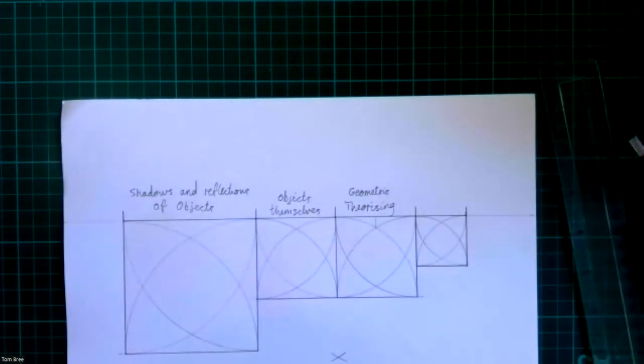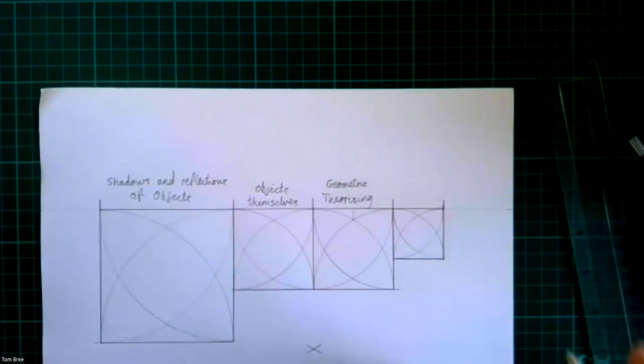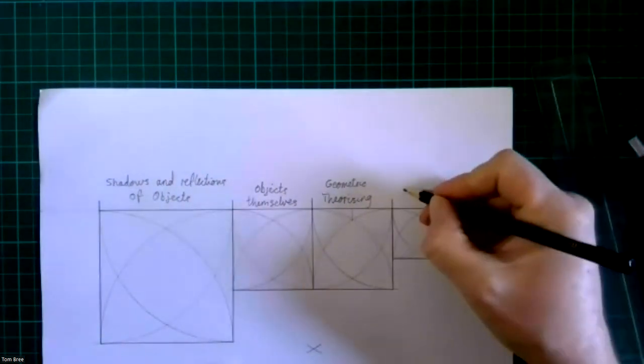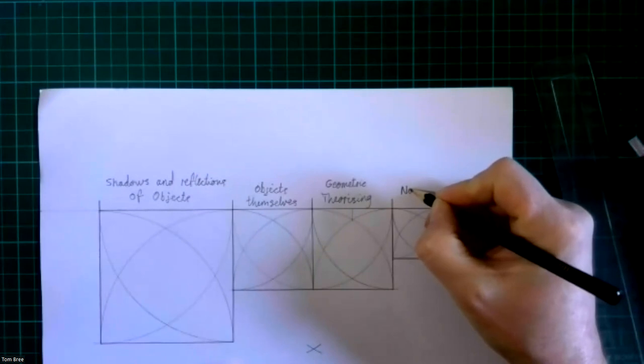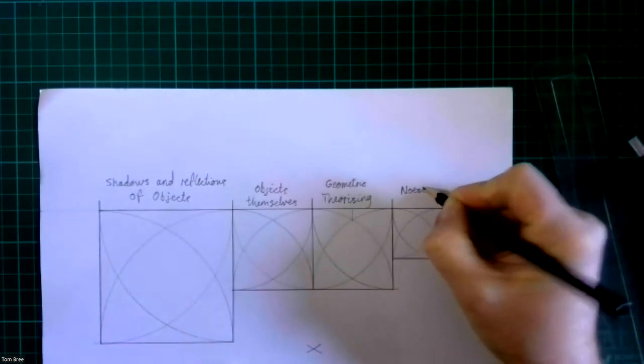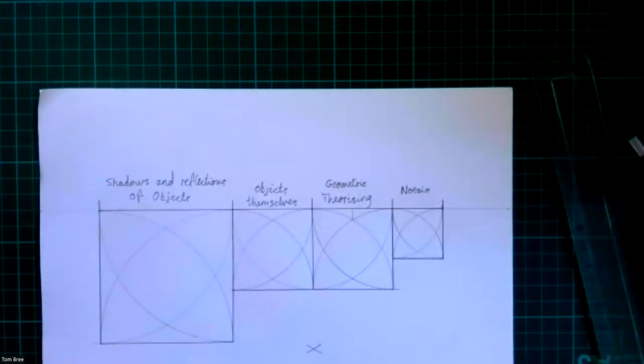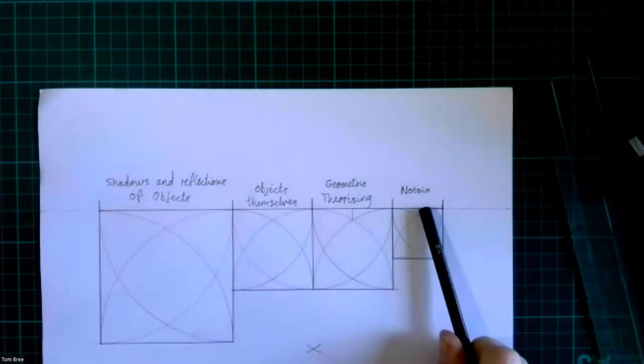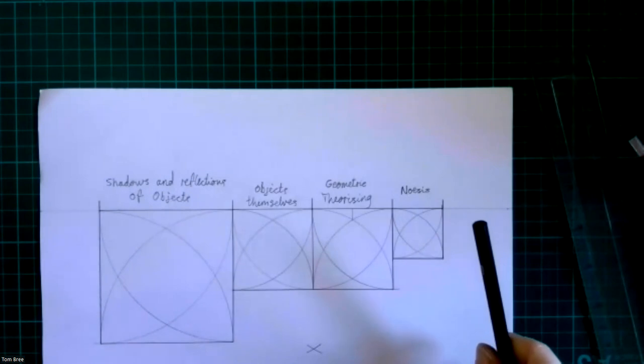I'll call that one geometric theorizing. He talks about maths and geometry with that particular one. And finally, noesis. The noesis is the activity of the nous, the intelligence.